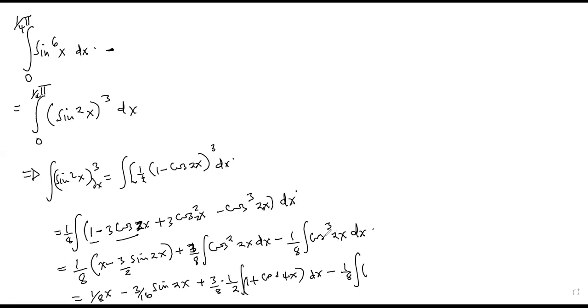You know, this is the same as cos squared 2x times cos 2x. So it is going to be 1 minus sine squared 2x, then times cos 2x dx. Allow me to move like this up.